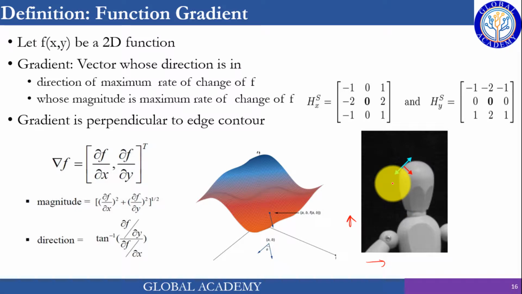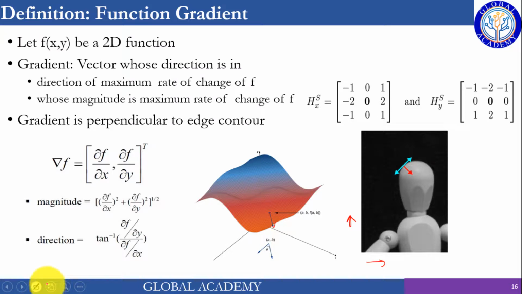So let us consider a point on this surface, say over here, and then the direction of the gradient will point towards the direction of maximum change, and the magnitude will represent the magnitude of that maximum change.